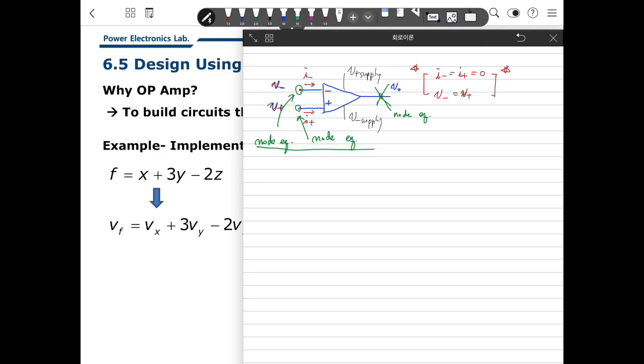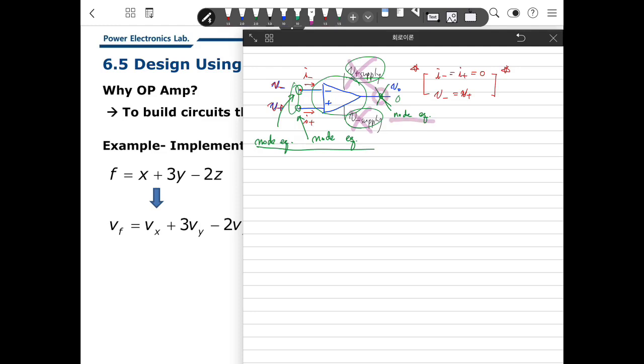If you consider all 5 pins, then you can use those equations. But actually, to analyze the signal levels, that pin is not important. So to remove the complexity of analyzing the op-amp, we ignore those things. Because of that, we cannot apply the node equation here.